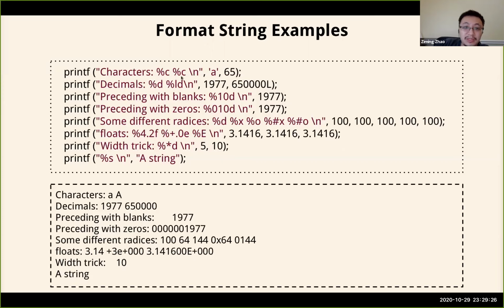Then there will be a percentage C again, so it will look for the next argument again. After that, another white space, then a new line sign. So those will be faithfully printed out. So technically, after this A here, there is a white space, then new line.